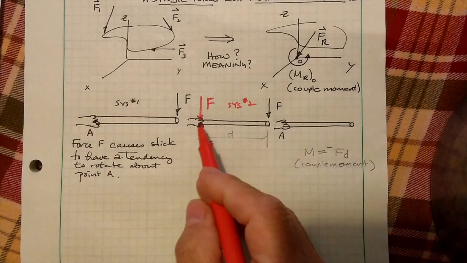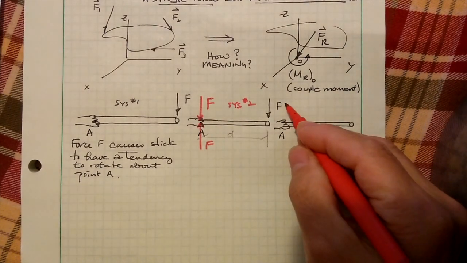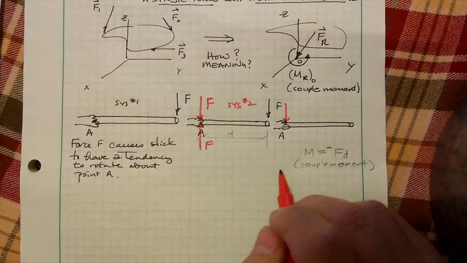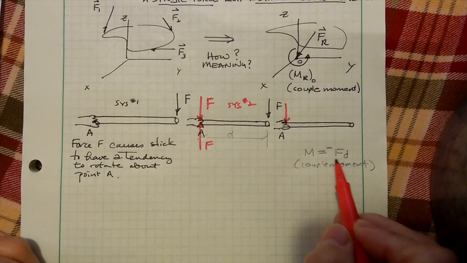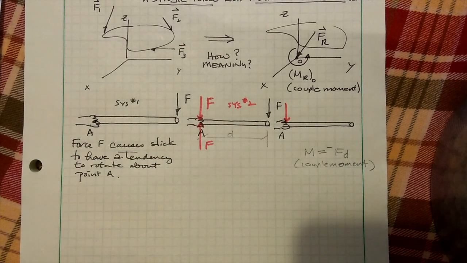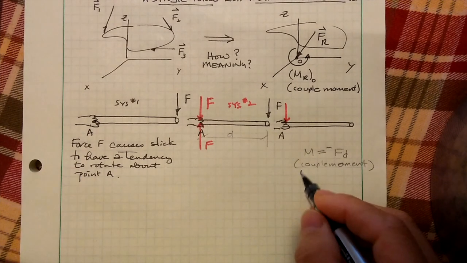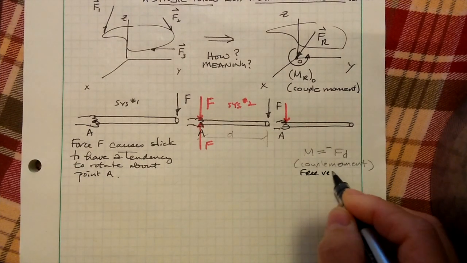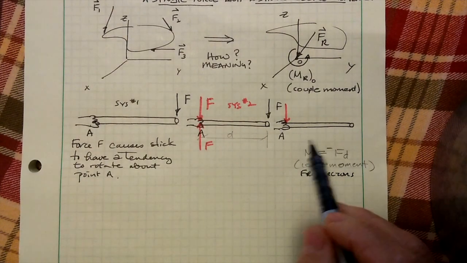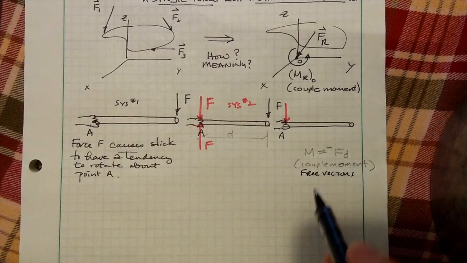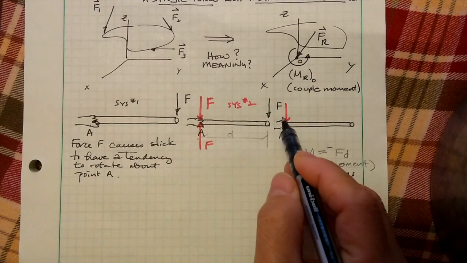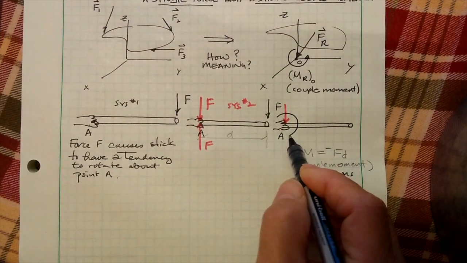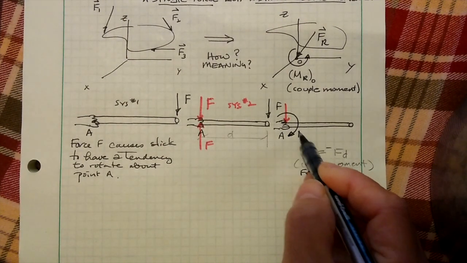So I'm going to draw this force exactly where it was in the previous system 2. And this moment is a couple moment, and we know that couple moments are free vectors. Therefore, I can place it anywhere along here, and I can choose it to be right there. So this is my couple moment.